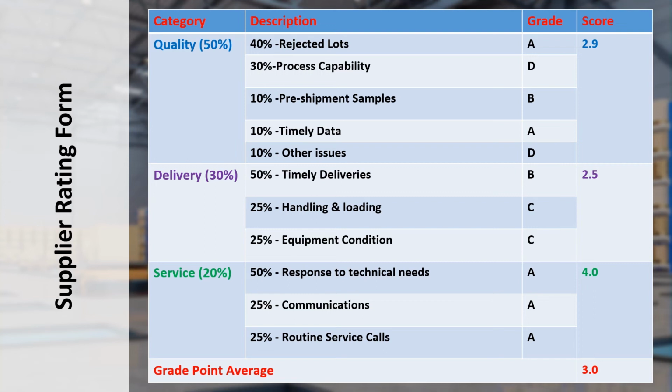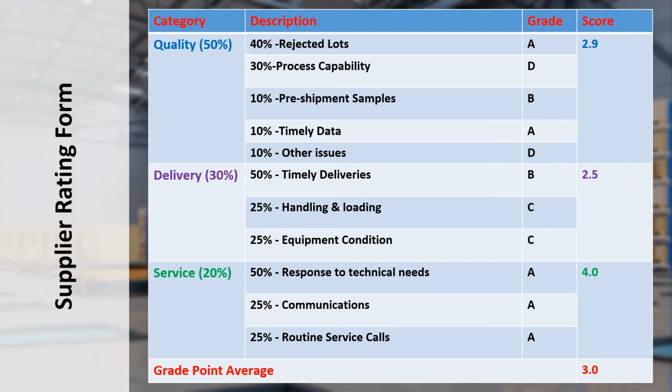This means that out of quality as a category, the various subcategories are identified and weightages assigned, and these weightages are multiplied by the grade rated for each supplier.